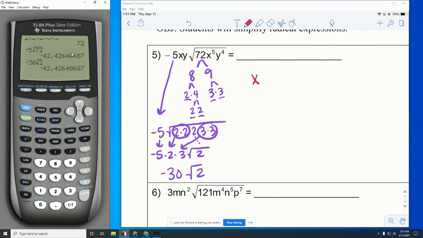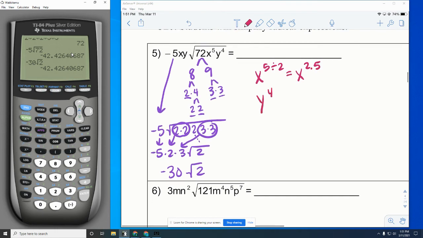Exponents, I have x and then x to the 5. Well, let me just do one part at a time. So x to the 5 divided by 2. 2 are coming out, 1 staying in. Y to the 4, 2 are coming out. Then I already had an x and a y on the outside.